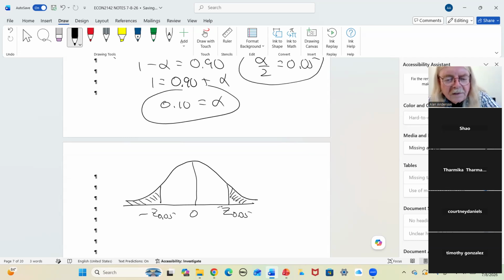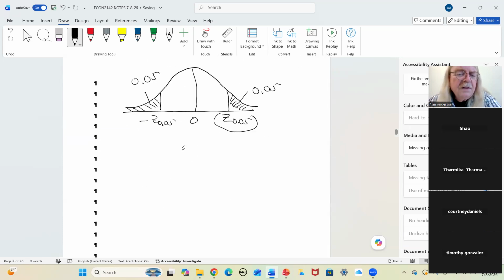So really all we need is this number here because the other one is just the negative of that. And the same thing could be said for the negative. If you'd rather solve for that one, that's fine too.